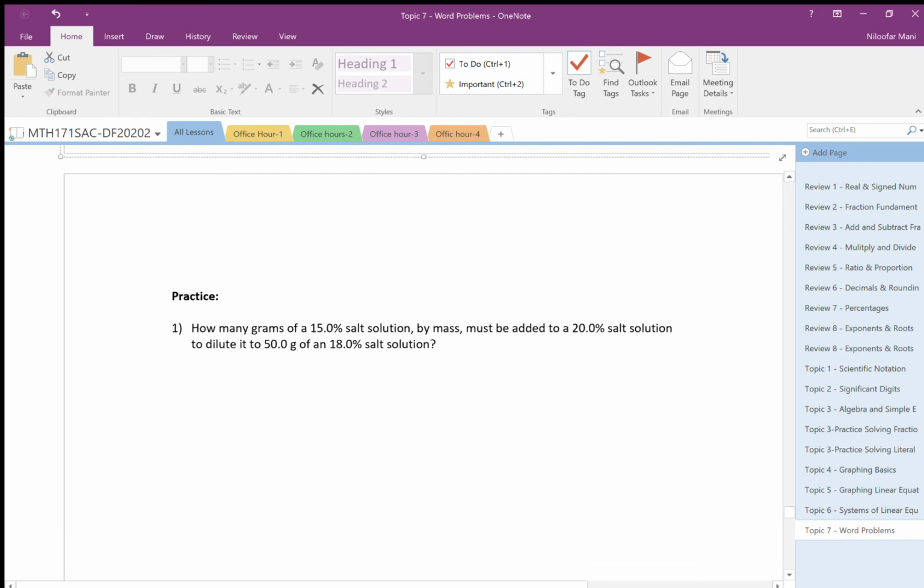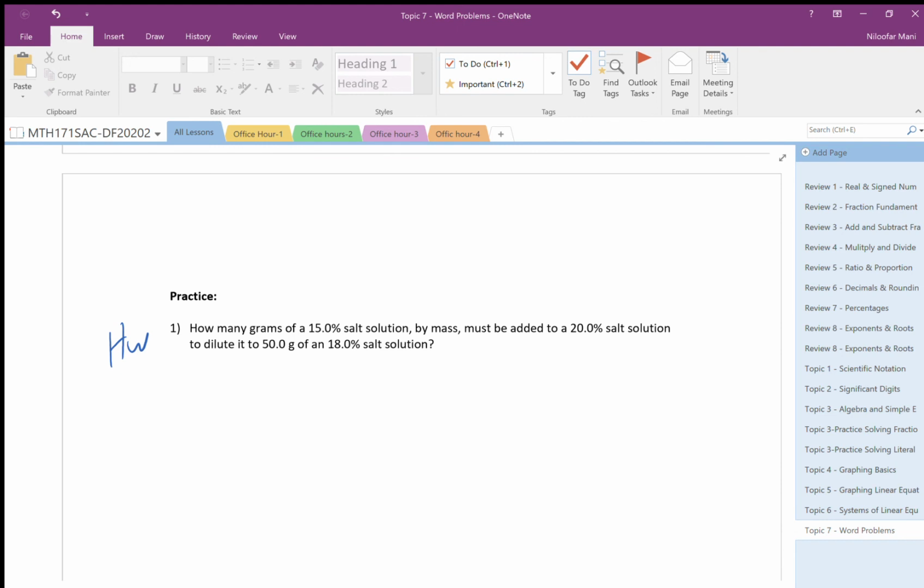So this question can be homework because it's very similar to what we did. You have 15%, you have 20%, and you want something in between, 18%.